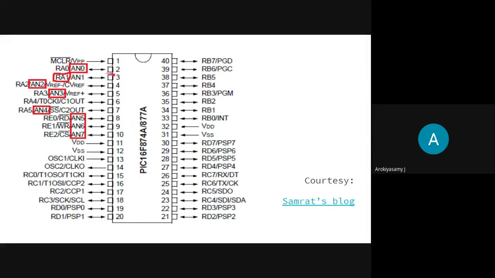Then the second pin is shared for port A as well as the ADC port.